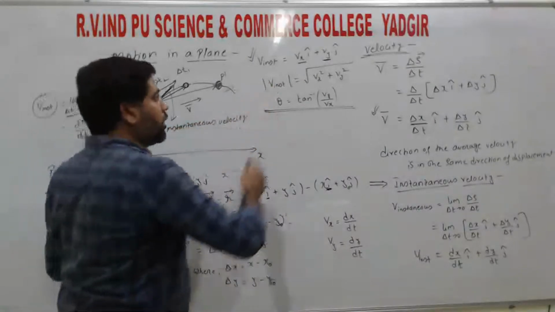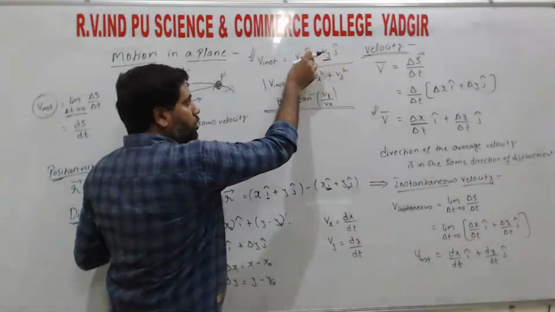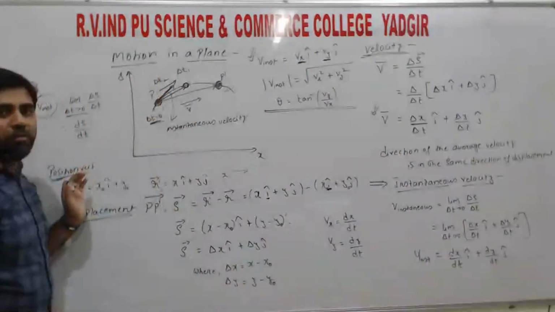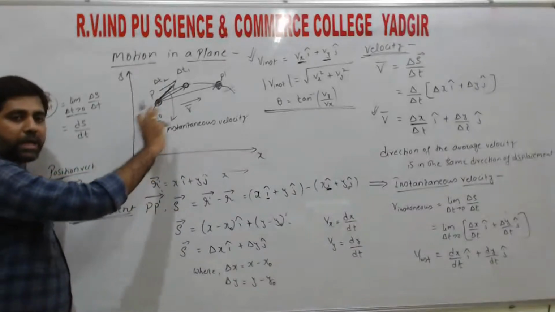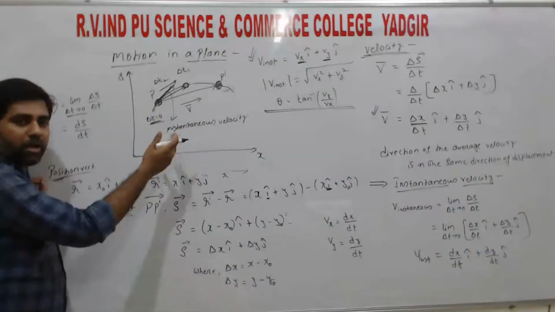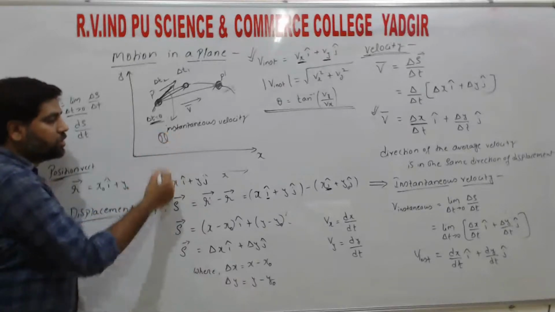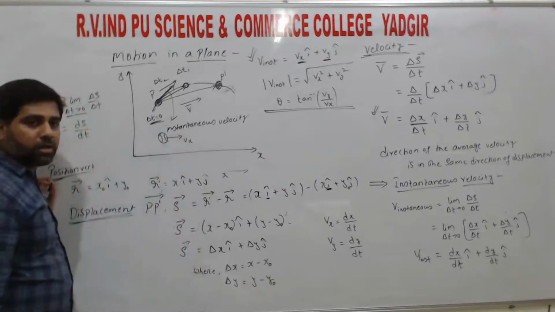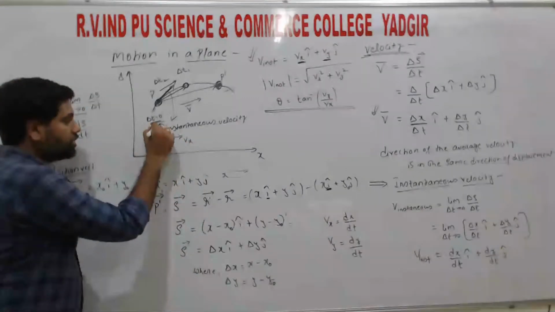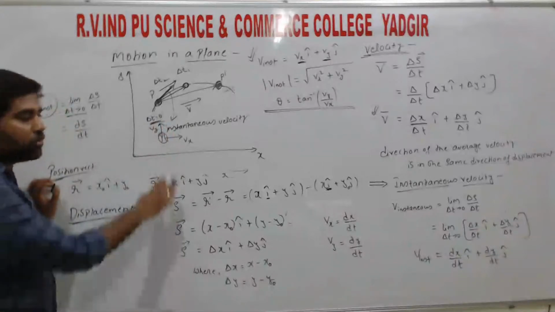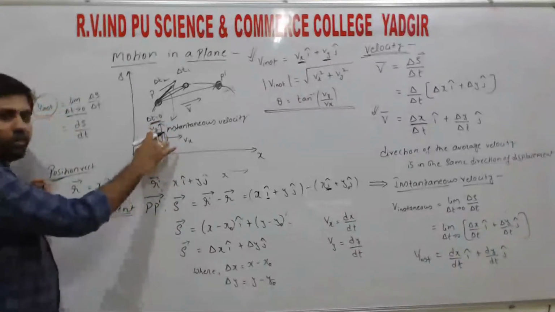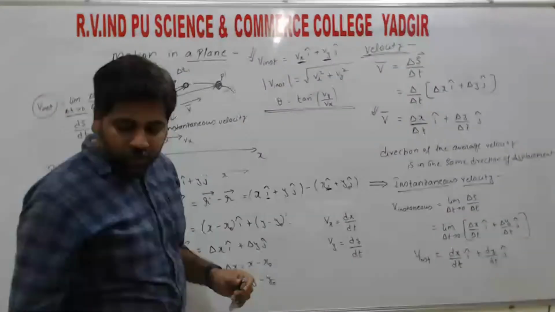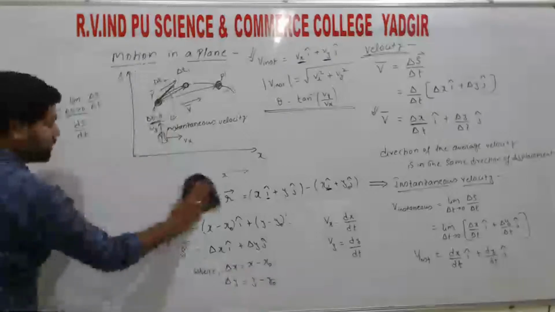So while solving problems, we must keep both in mind. There is velocity along the horizontal and velocity along the vertical. If we kick a football, that ball has two velocities, right? One is the velocity along the horizontal and one is the velocity along the vertical. This should be remembered. That's why we call this motion in a plane, right? So next, same for the acceleration.